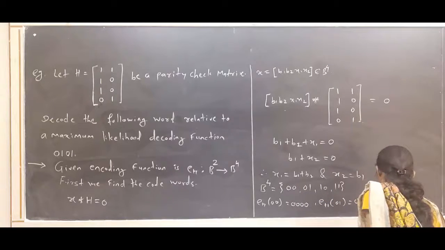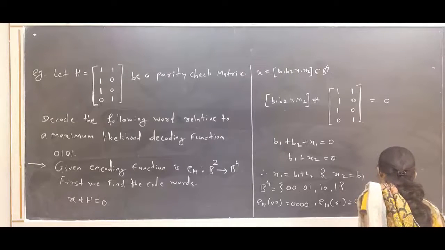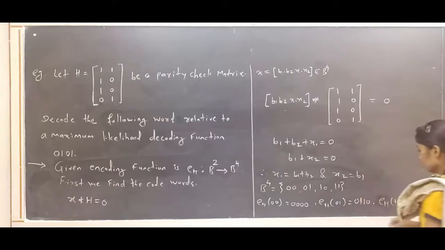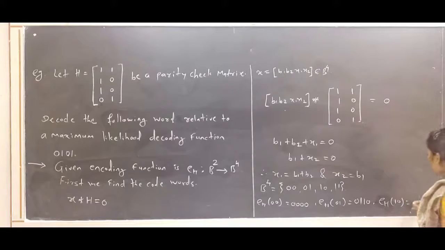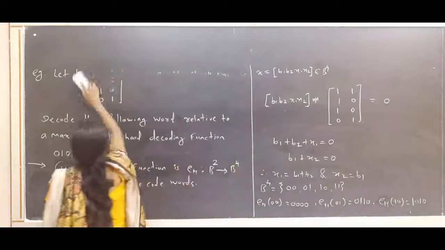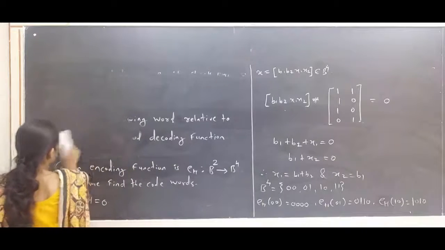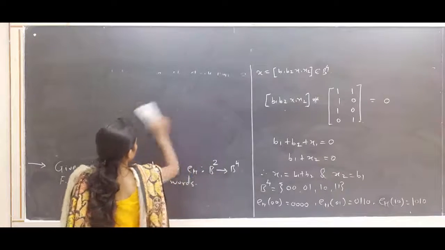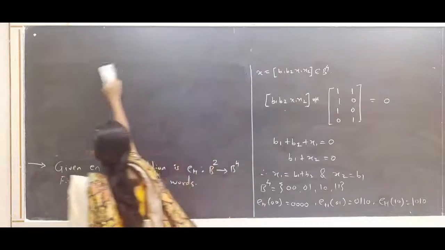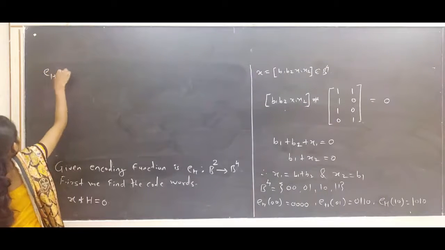Now E_H of (1, 0). So E_H of (1, 0) is 1, 0, 1 plus 0 is 1, and 0. And the last one, E_H of (1, 1).